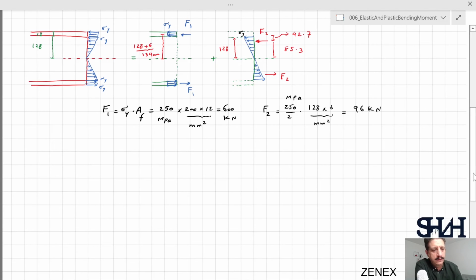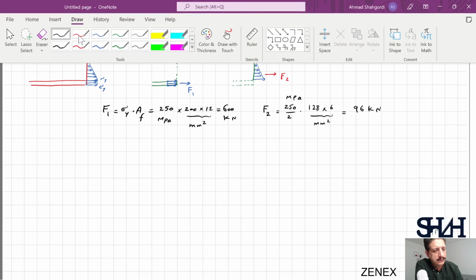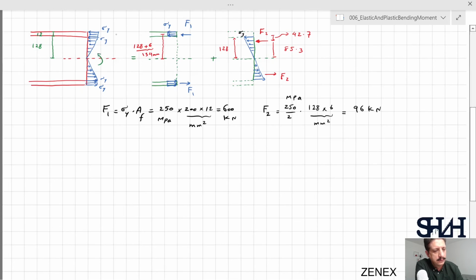And the only thing left is to calculate the moment here. So the moment is F1 times 134 millimeter times 2 plus F2 times 85.3 times 2. So by substituting these values, it is 177.2 kilonewton meter.